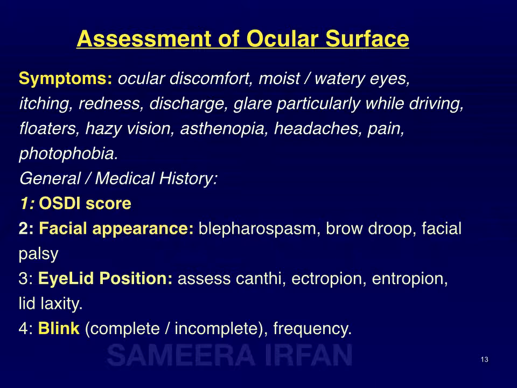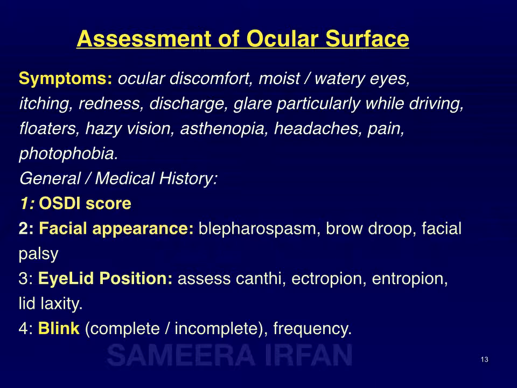It comprises 12 questions which the patient is asked at the first visit to assess the severity of the disease, and then at each follow-up visit to analyze whether the therapy that the clinician has instituted is causing any improvement or not. So it is a very important score and it has to be noted at each visit.